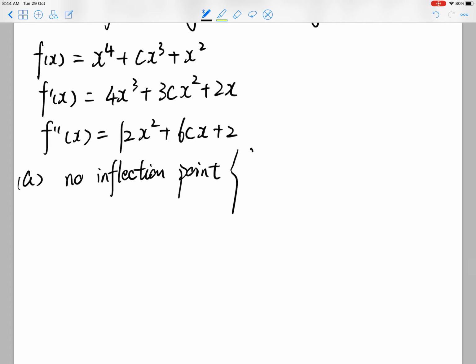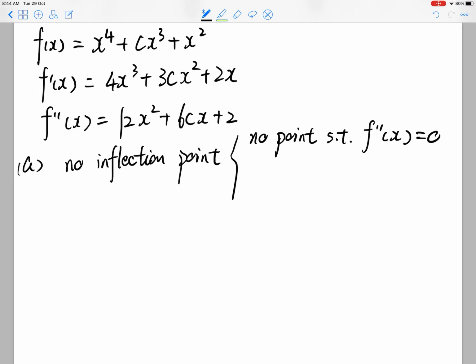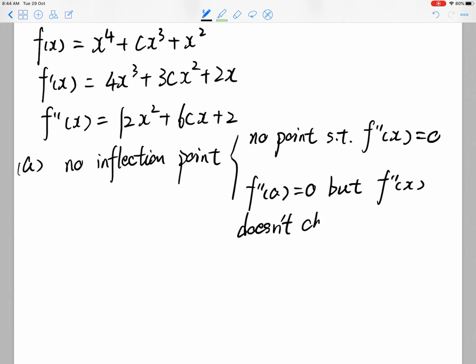First case is no point such that the second order derivative is 0. Or when the second order derivative is 0, but the second order derivative sign doesn't change after passing A.